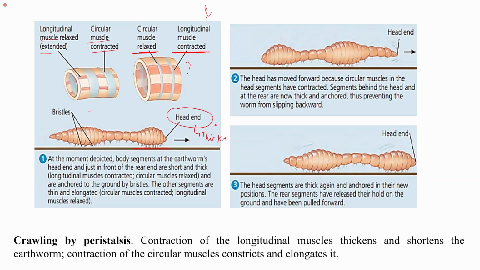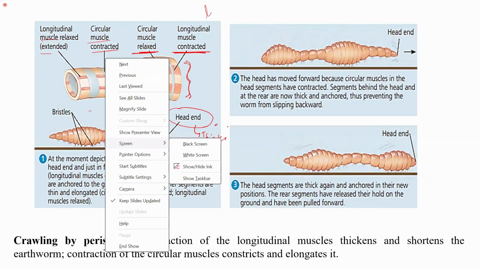You can see in the figure also, right? This has led to the thickening or raising of the body part of that area, and these bristles come in contact with the land and help in the attachment.